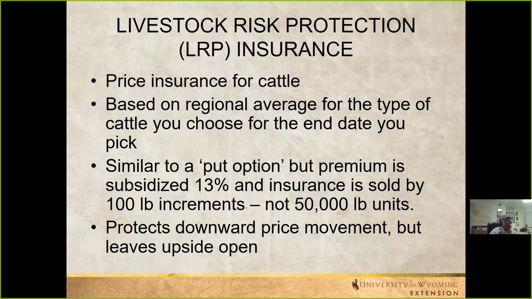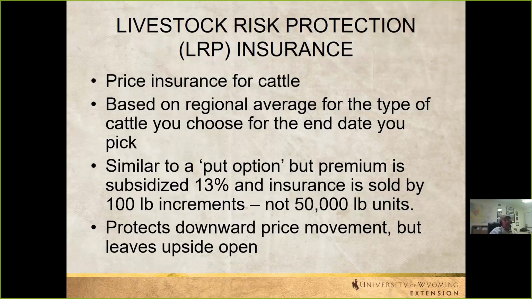So let's say we bought insurance today. If the price tanked between now and when you sold your calves in the fall, you're going to have some insurance. You're going to have some protection on that. If the price went up, so let's say we jump back up to $2.50 calves, well, you're still going to be able to participate in that. Your premium that you pay would be gone, but you'd still be able to sell your calves at the higher price.